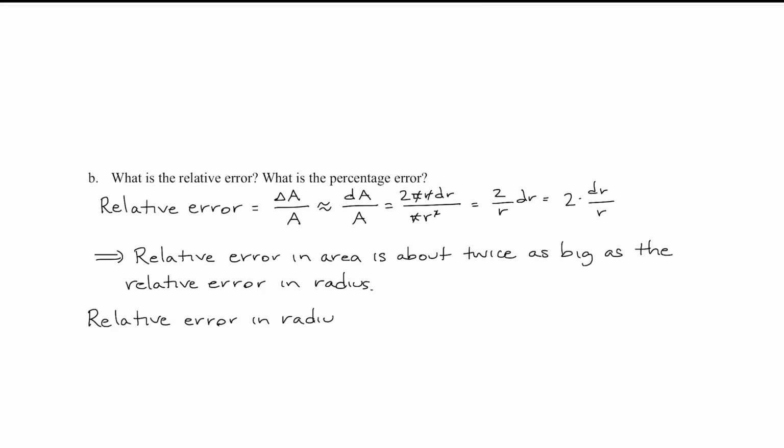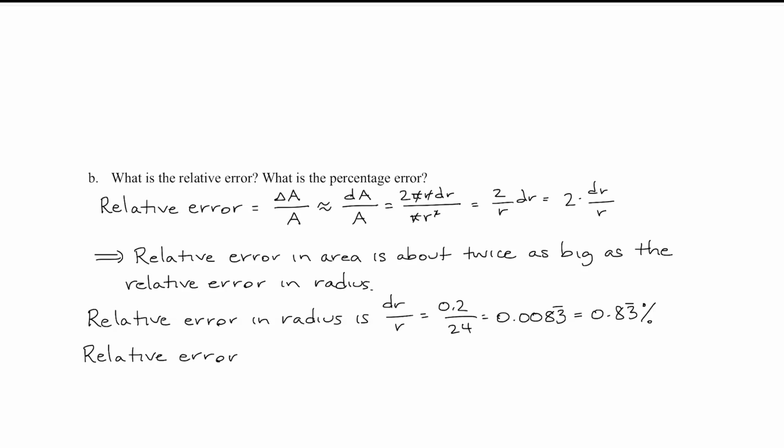So the relative error in the radius, again, that's given by dr over r, which is 0.2 over 24, which as a decimal is 0.0083, with the 3 repeating. And again, I would pause the video and actually check that on your own technology, or 0.83% as a percentage.